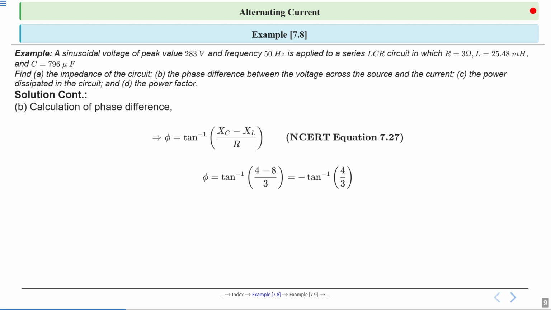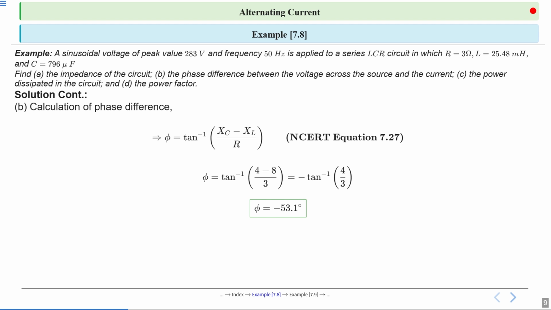So if tan phi is equal to minus 4 by 3, then tan phi is equal to minus tan 53 degree. By equating both, we can write phi is equal to minus 53 degree. Or by inverse function, phi is equal to minus tan inverse 4 by 3. Tan inverse 4 by 3 is approximately 53 degree, but actually it is 53 point something, which we can write as 53.1 degree.